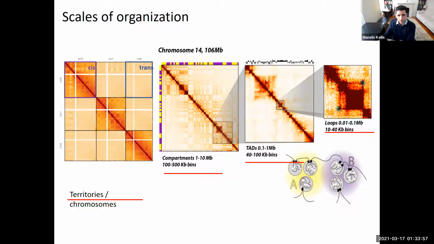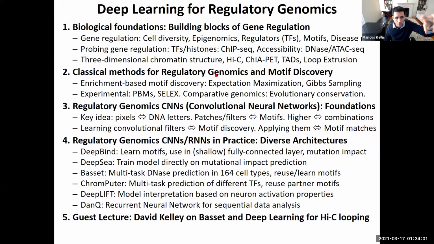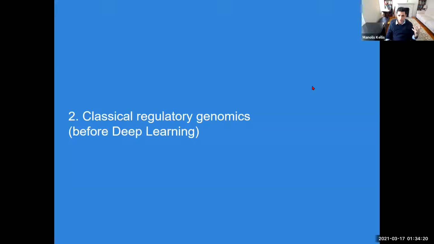So let's now dive into the computational analysis of these regions. So first of all, how do we understand the language through which DNA is read through all of these different regulators and carries out all of this organization? So the first thing is we're going to be looking for regulatory motifs using traditional approaches.